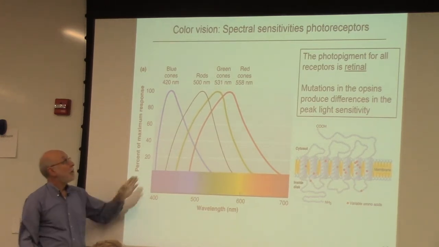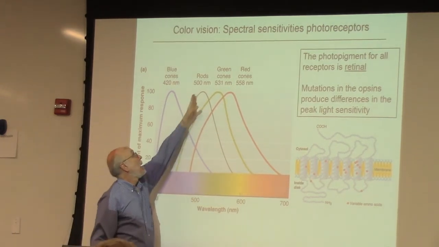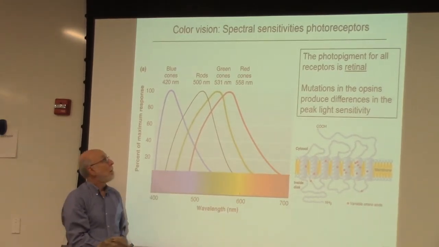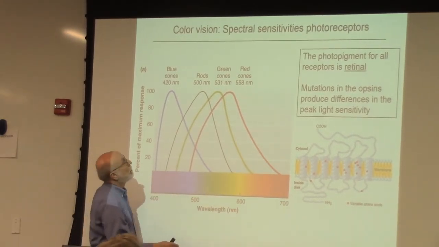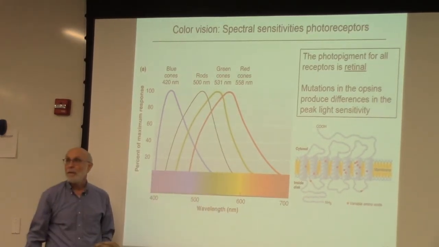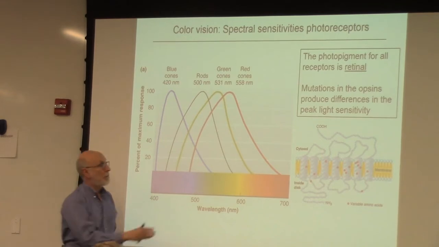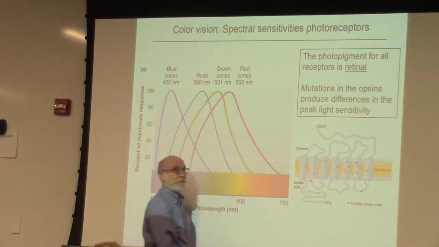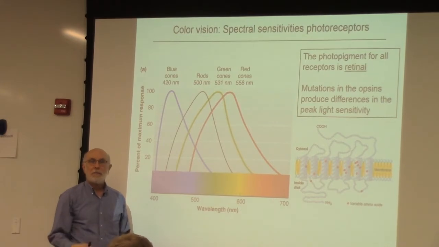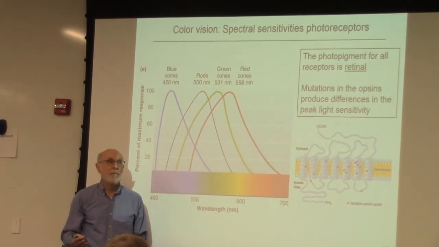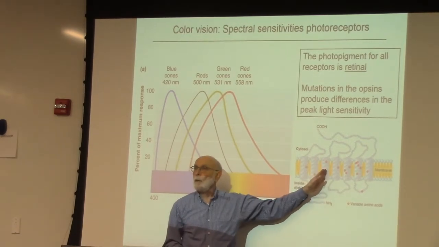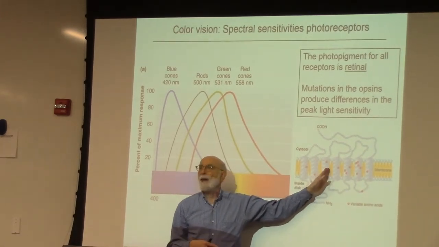So you can see rhodopsin and blue opsin, there are wavelengths that activate both. Green opsin and red opsin, there are wavelengths that activate both. But if you go all the way out to very red light, only the red opsin detects it, because only the red opsin undergoes the conformational changes when that red light hits that retina.